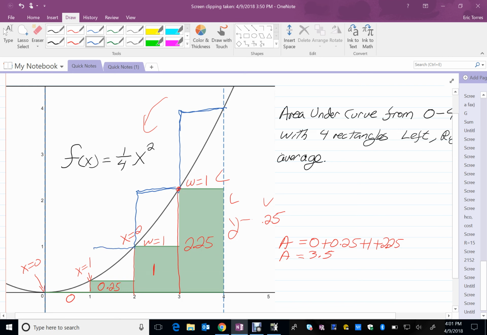This depends on the curve. If the curve of this function was concave down, that would not be the case. Okay, so what's interesting about this new area, and let me just shade it in real quick. So my new rectangles are going to go all the way up to here.